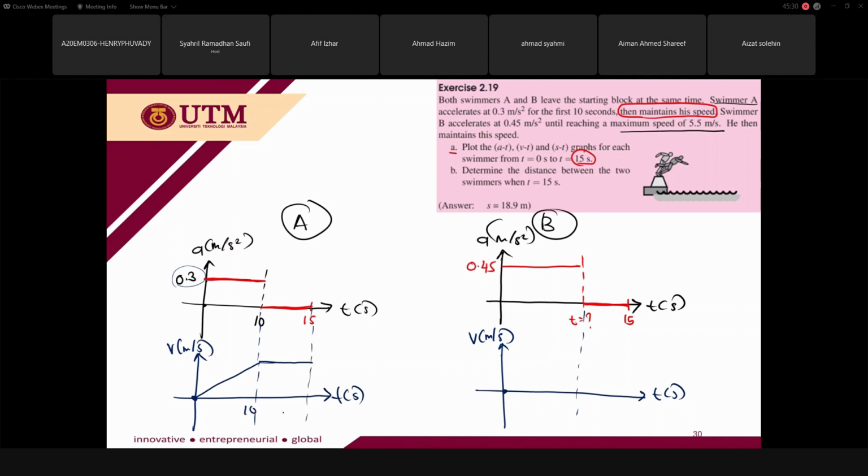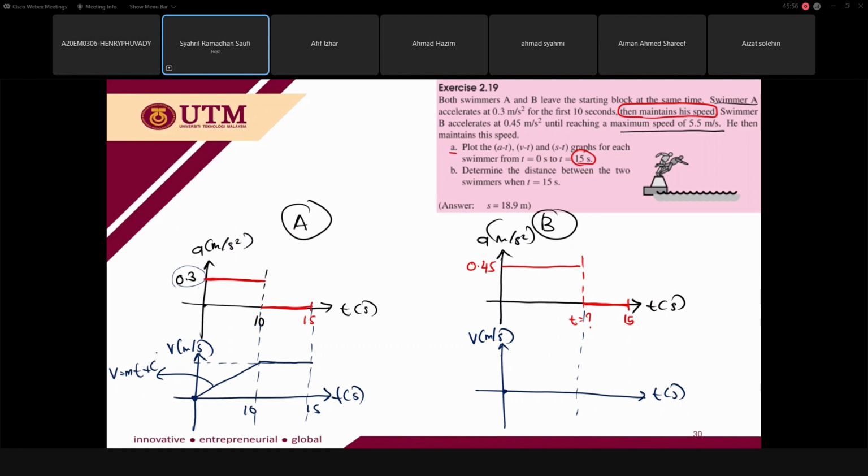Here is 10, here is 15. So the equation here, you can determine the equation, which means that you know that v equals mt plus c. Since we assume that the swimmer starts from rest, or is initially not moving, we say that it starts from zero.